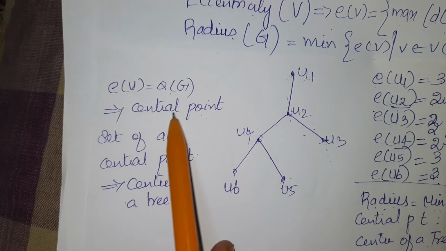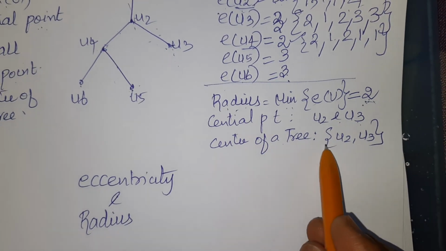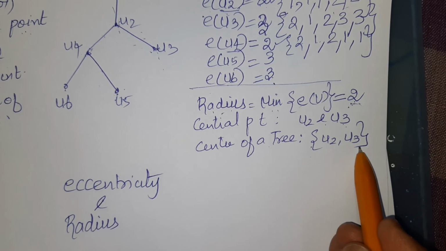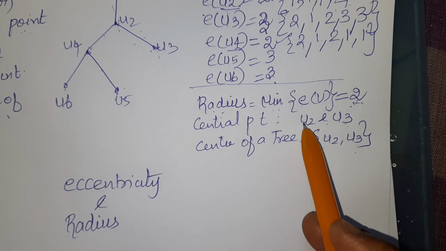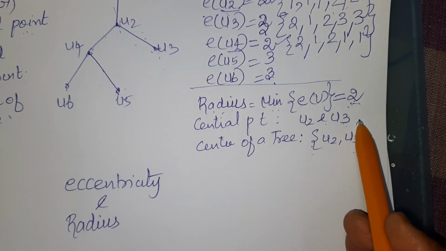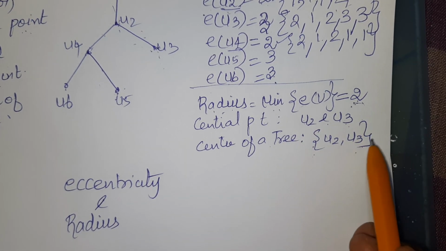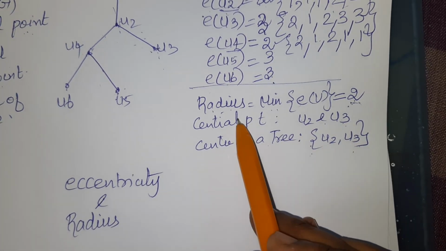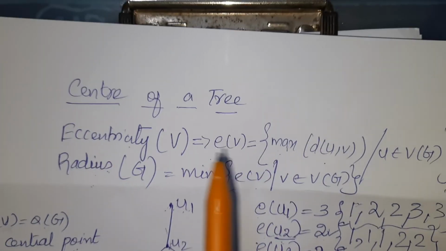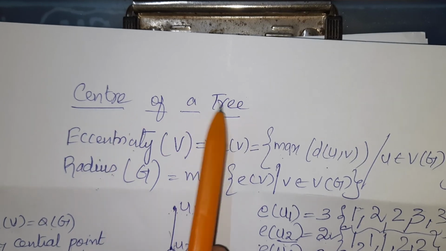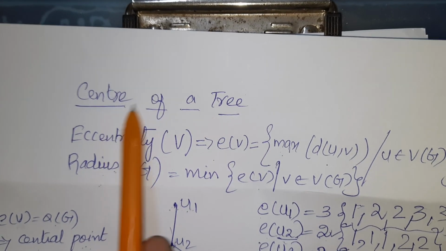After finding the central points, we represent them in the form of a set. So the vertices u2 and u4 we represent in the form of a set. The set of all central points is called the center of a tree. So this is how we define the center of a tree.